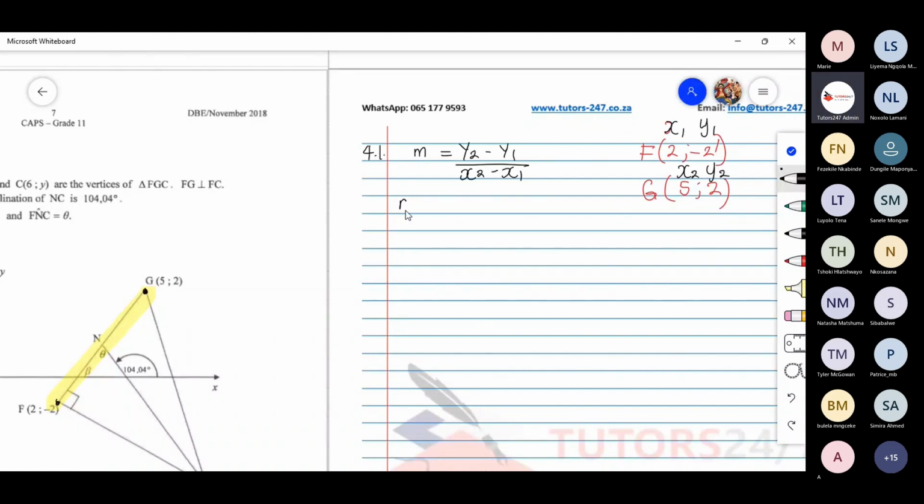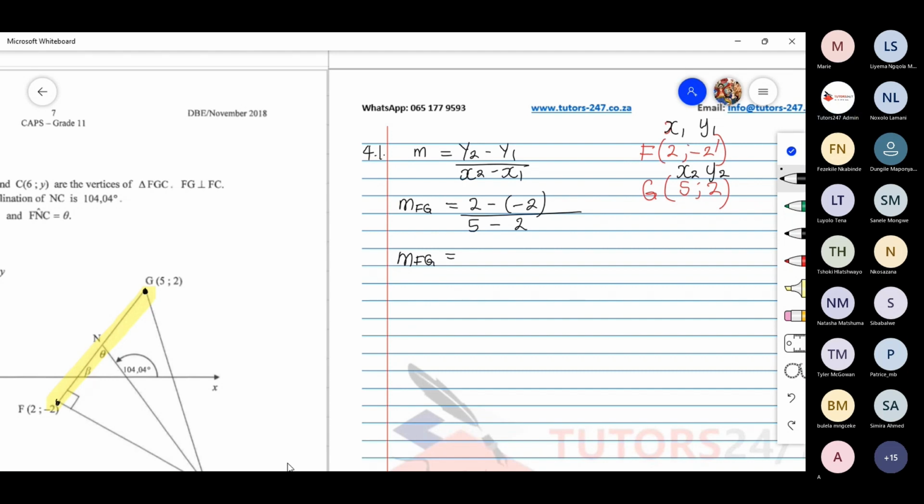So let's substitute. Because it's the gradient of FG, I'm going to use the subscript FG, is equal to y2. Now y2 I've stated as 2, then y1 I've stated as negative 2, over, now x2 is given as 5 and x1 is given as 2. Now, if we continue, we've got m FG equals. All we need to do from this point is put this into our calculator.